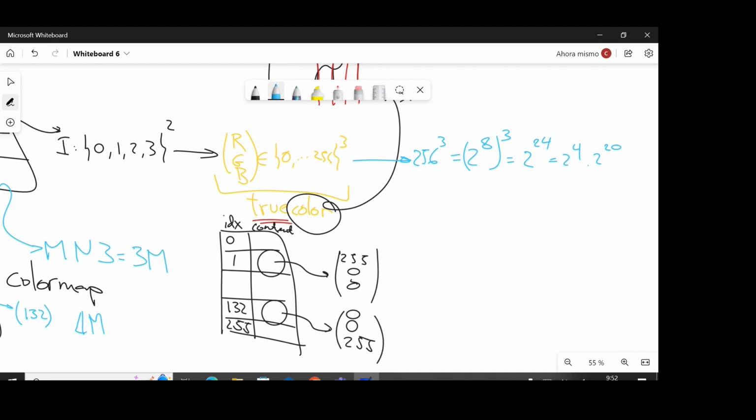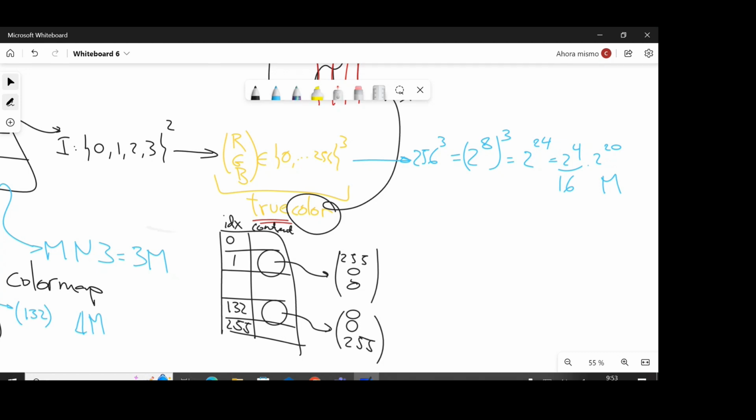What is 2 to the 4? 16. What is 2 to the 20? About a million. So we can represent about 16 million colors with 3 bytes.